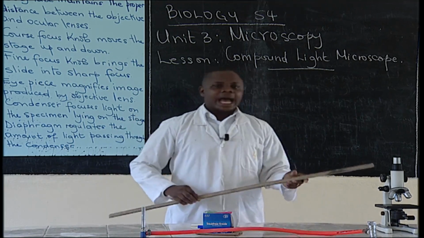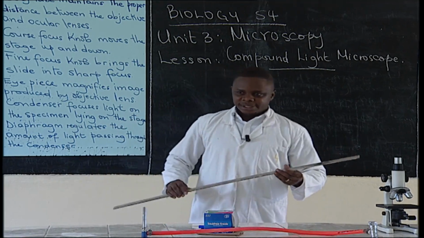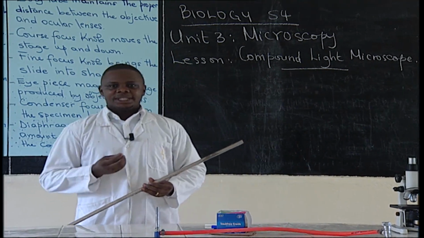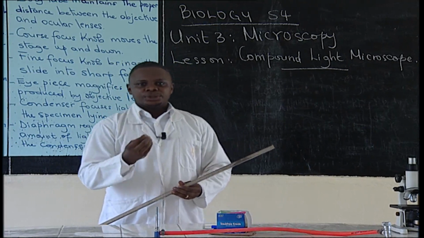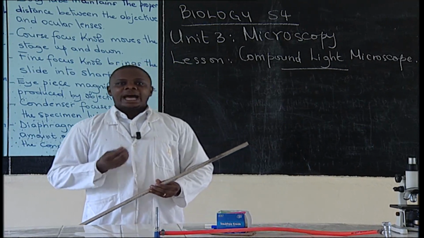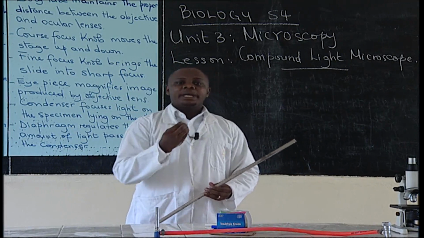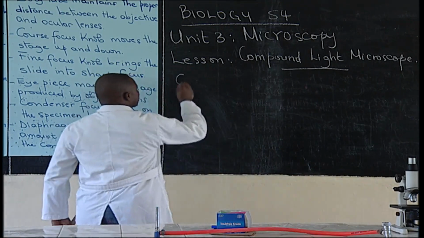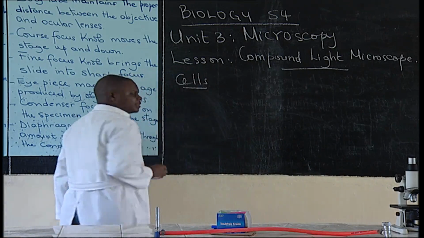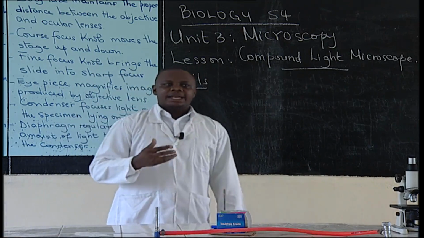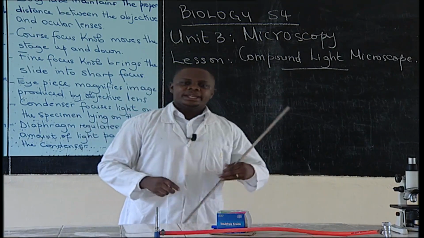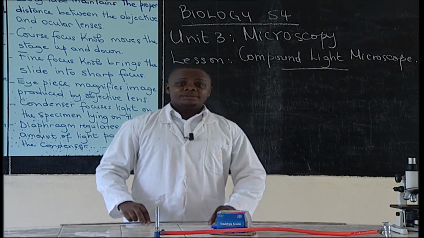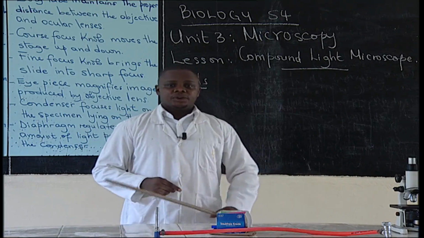Excellent. Microscopes are used in schools, because in schools we teach biology, where we talk about organisms. And these organisms are made up of small structures which are called cells. Do you understand the meaning of the word cell? A cell is a basic unit of the body.